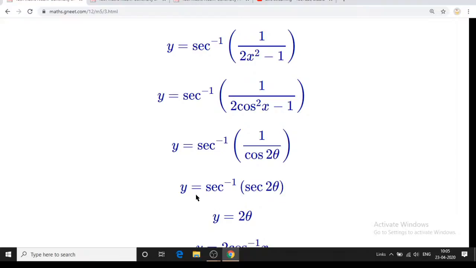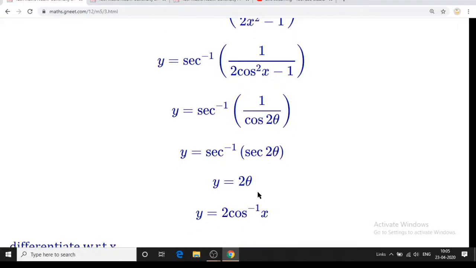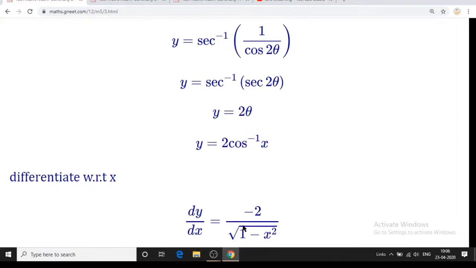So we get y is equal to sec inverse of sec 2 theta. So y is equal to 2 theta. Theta will be replaced by cos inverse x, and so we get y is equal to 2 cos inverse of x. Now we will differentiate this with respect to x.